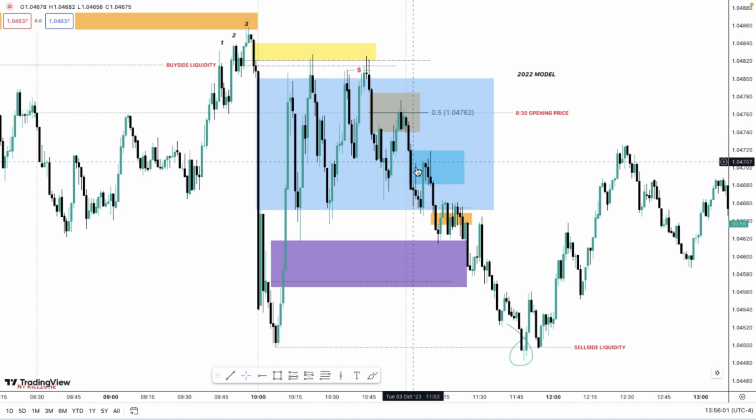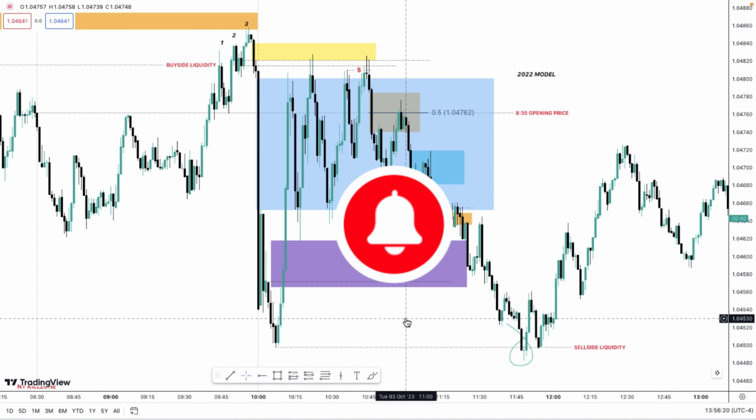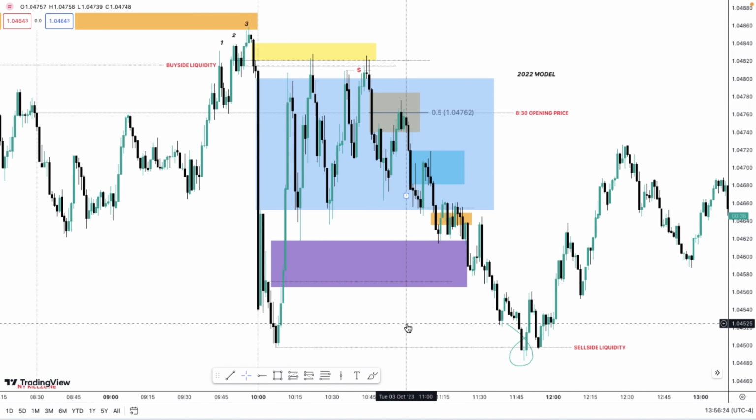Fair value gap. What time is that? That's 11 o'clock. That's still in between the silver bullet hours for the forex market for the pairs. So trace to the fair value gap, you could sell that again. So at 11 a.m., that's when the New York kill zone actually ends, right?